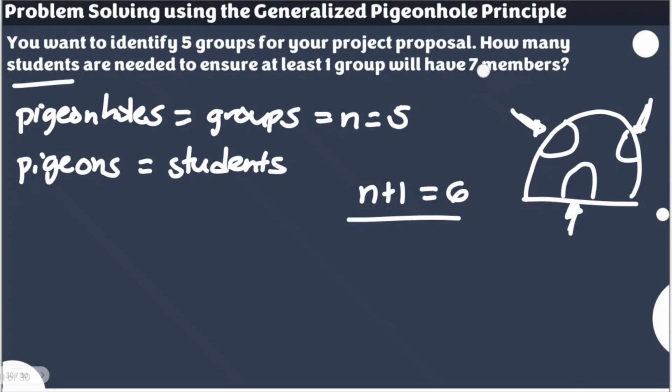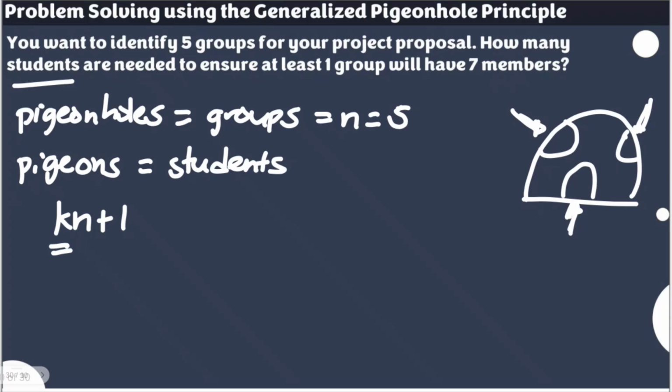But this time, we'll have 7 members. So you'll be using the formula for the generalized pigeonhole principle, expressed as kn plus 1. We already have our n. What we need is just k. Where do we look for our k?